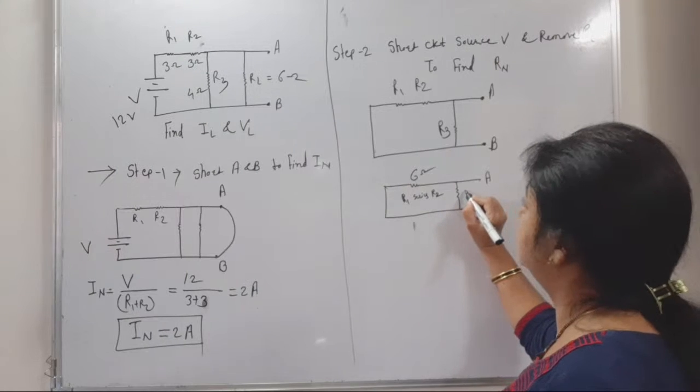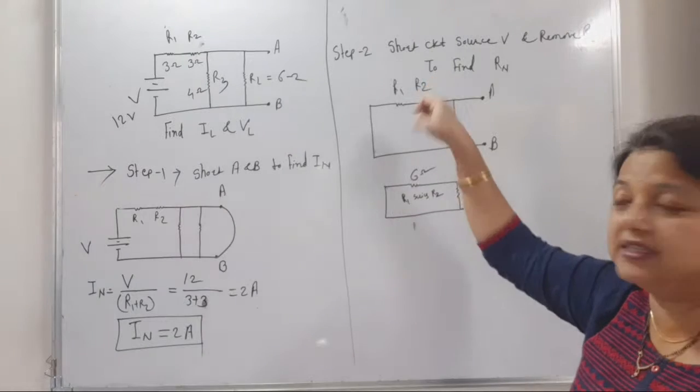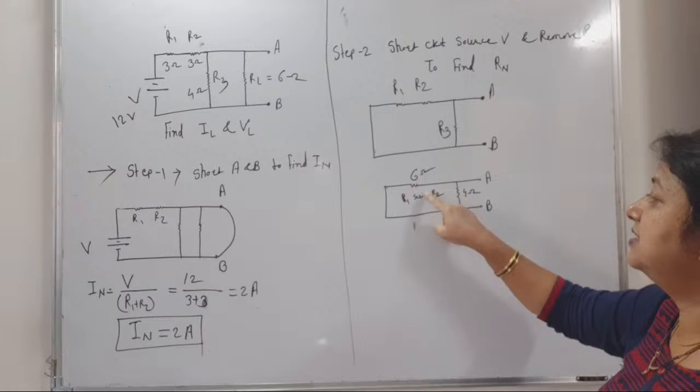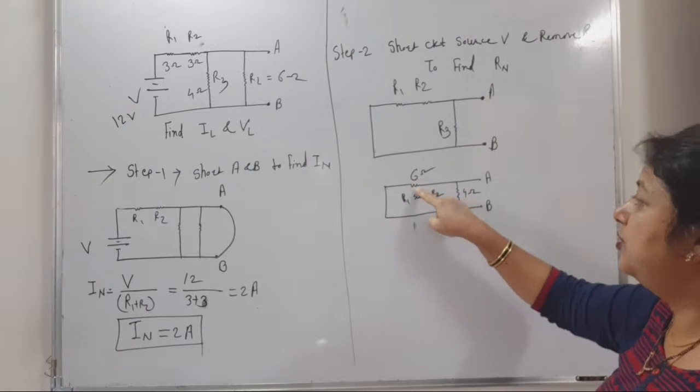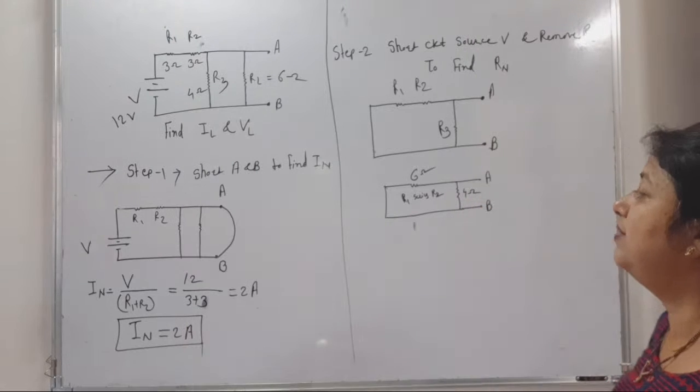And here your resistance 4 ohm. If we consider the common series resistance in place of R1 and R2, that series resistance is 6 ohm. And here R3 is 4 ohm as it is.